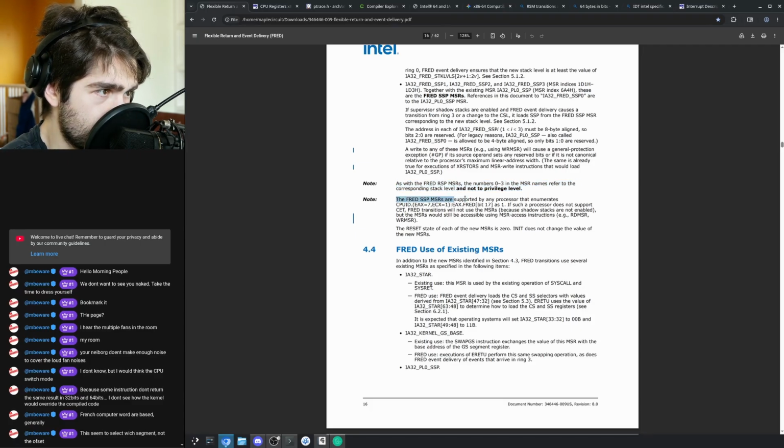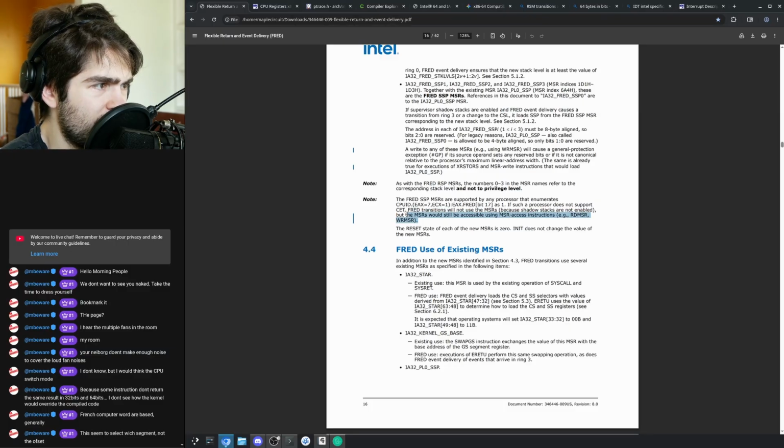The FRED SSP MSRs are supported by any processor that enumerates CPUID FRED. Okay, so if you have FRED, you have shadow stacks. If such a processor does not support CET, FRED transitions would not use the MSRs because shadow stacks are not enabled, but the MSRs would still be accessible using the MSR access instructions.